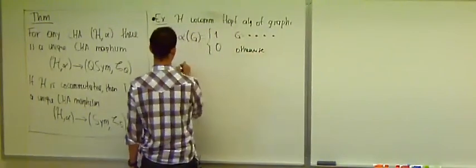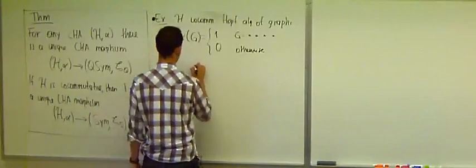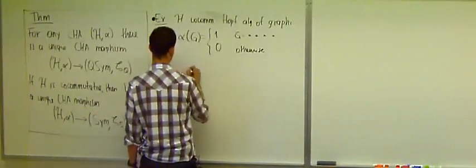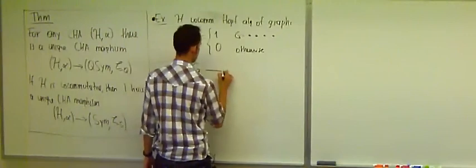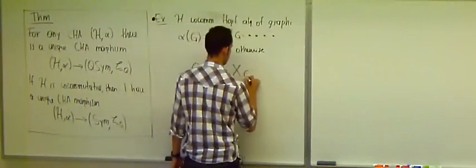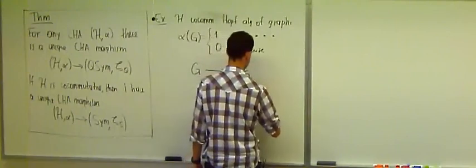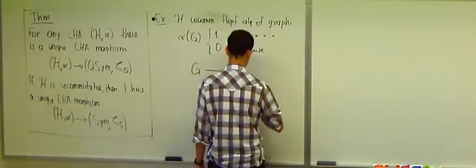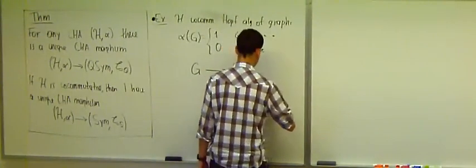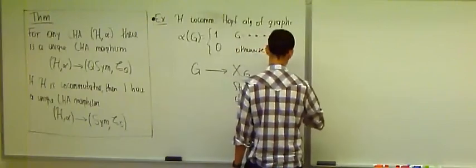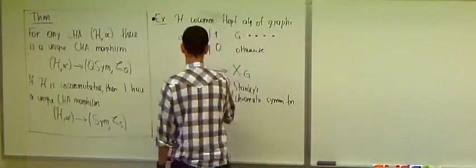And then this maps a graph G to X_G, which is Stanley's chromatic symmetric function.